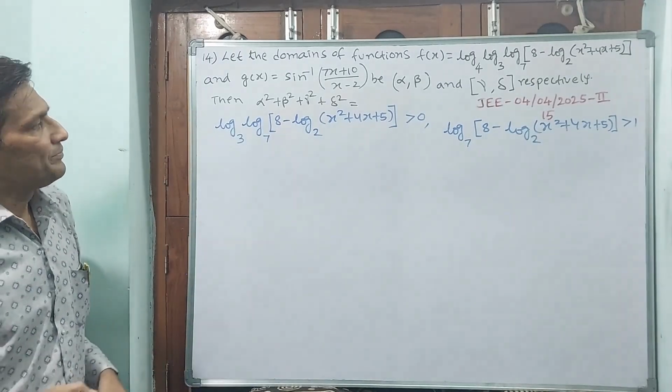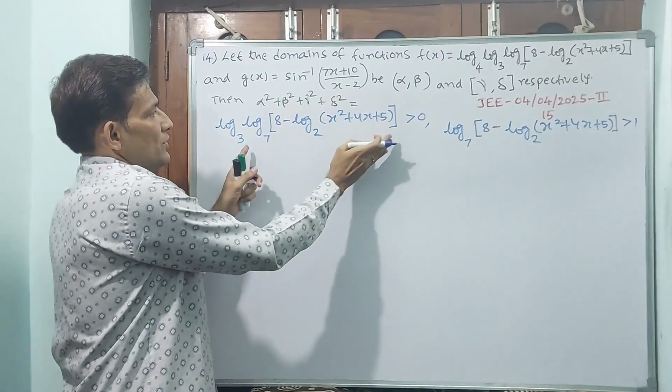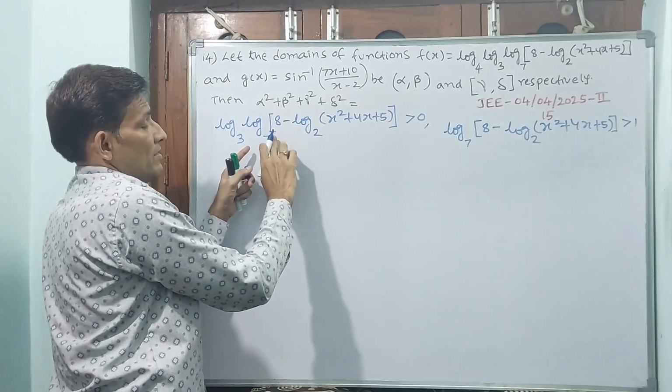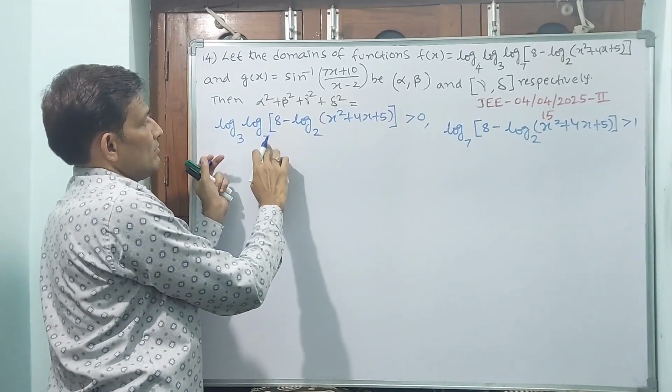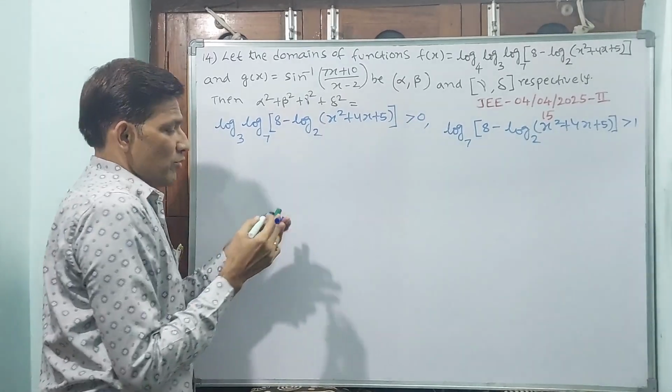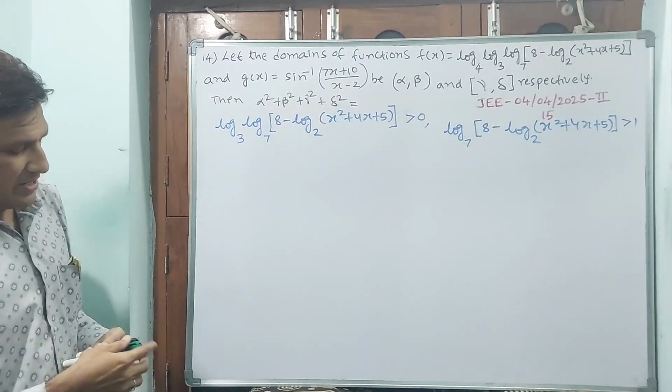Is it okay? Why? Because if this log should come greater than 0, then this should come greater than 1, then only greater than 0 is going to come. That should be known.